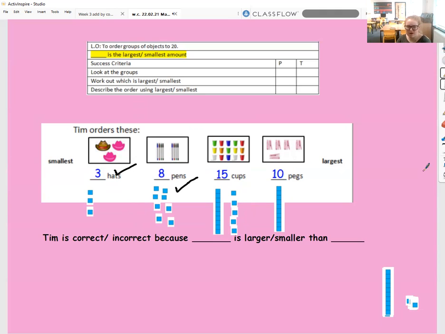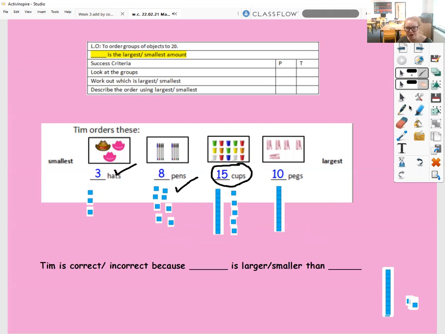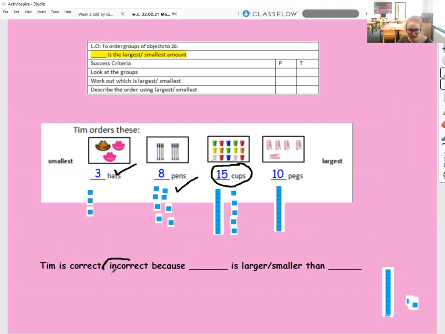So if they have the same amount of tens, but 15 has 5 ones and 10 has 0 ones, which is larger? 15 is the largest amount. So are they in the correct order? No, because 15 is larger than 10. So Tim is incorrect because 15 is larger than 10.